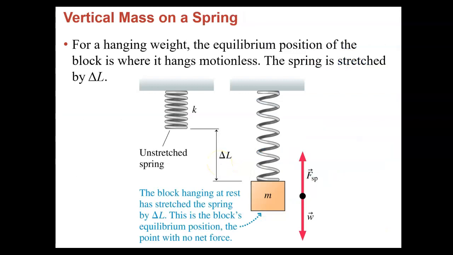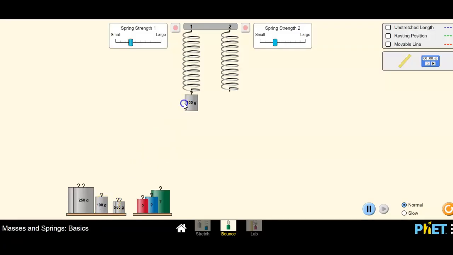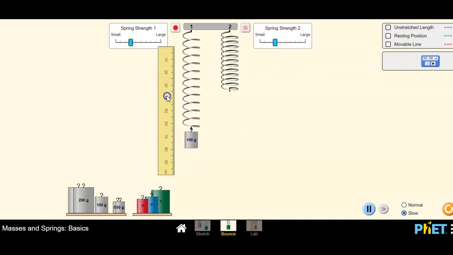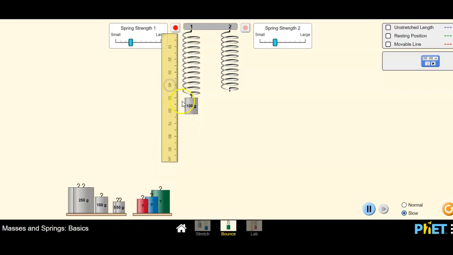So for the hanging weight, the equilibrium position of the block is where it hangs motionless, so where the spring force pulling up equals weight going down. So if I apply a force and it bounces, and I take it into slow-mo here, I can find a spot if I measure.